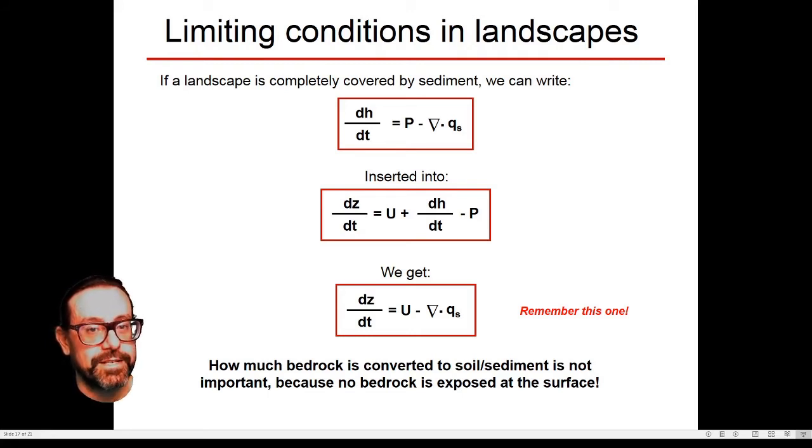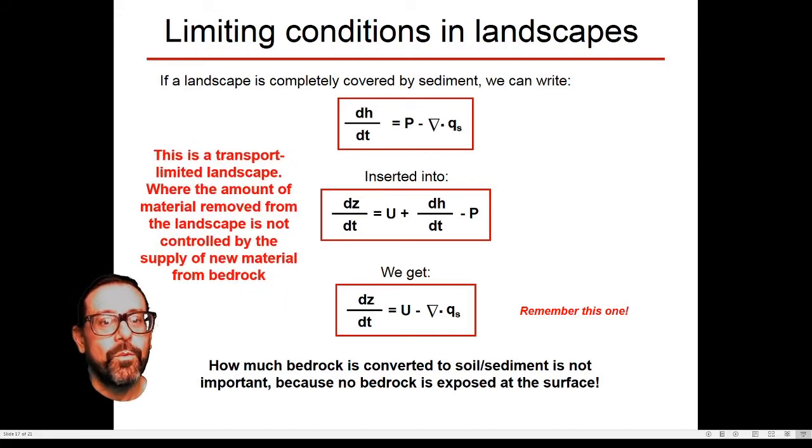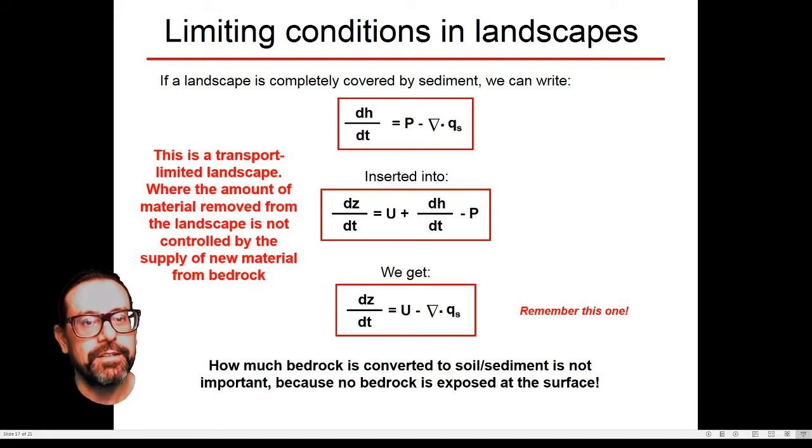And when we have a situation like this, we refer to it as a transport limited landscape. A transport limited landscape is one where the amount of material removed from the landscape is not controlled by the supply of new material from beneath the landscape from bedrock.